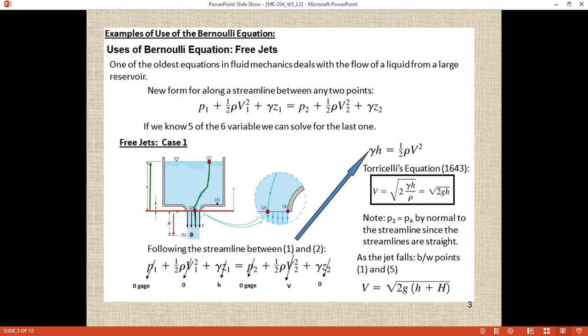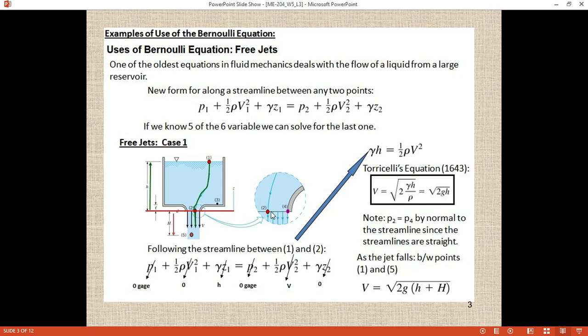If we are considering gauge pressure, the pressure will be equal to 0. But if it is absolute pressure, the pressure will not be 0. If you are considering the pressure at the top surface of the reservoir at point 1 as gauge pressure, this pressure will be 0. Same at point 2.